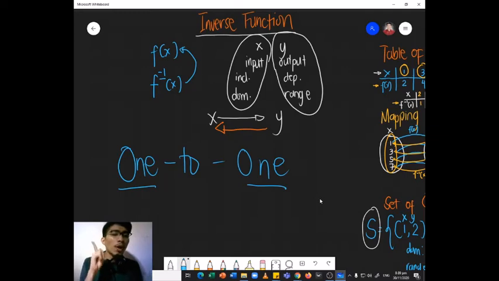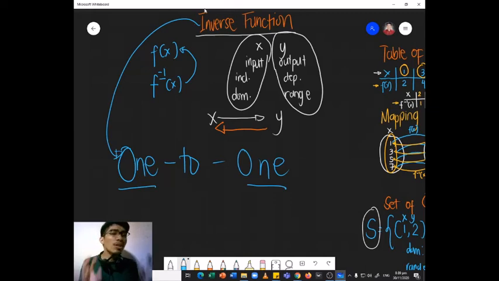Inverse function is always associated with one-to-one relation. If that function is one-to-one, automatically it has an inverse function. Otherwise, you don't have an inverse for that particular function.